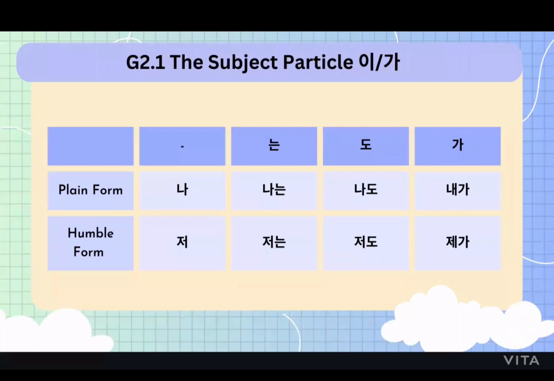So when you put the subject particle 가 after 나 or 저, the form is changed to what? 내가, 제가. So remember well, not 나가, 저가. We don't say that. 내가, 제가. One more time. 내가, 제가. Okay. So please remember this part well.